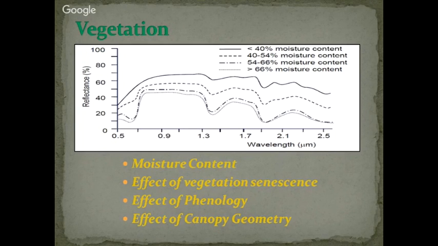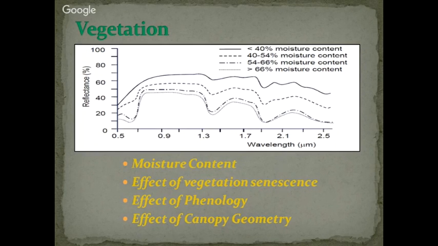The other factors which affect the reflectance behavior of vegetation are the effect of vegetation senescence, effect of phenology, and effect of canopy geometry. Now these relate with the aging. For example, vegetation senescence refers to the aging of vegetation. As vegetation matures, let's say in a wheat cultivated area. Initially, when the wheat crop is growing, it will reflect a high amount of energy.